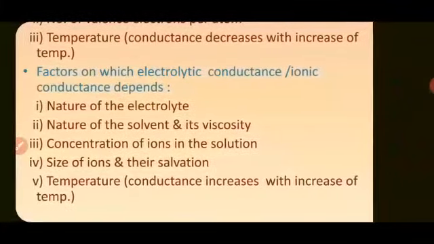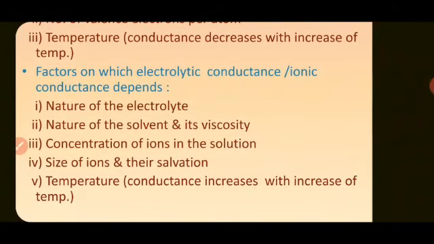Factors on which electrolytic conductance or ionic conductance depends: nature of electrolyte, whether it produces the ions easily or not. Nature of solvent and its viscosity, which solvent is used. Usually aqueous solutions show more electrolytic conductance generally.